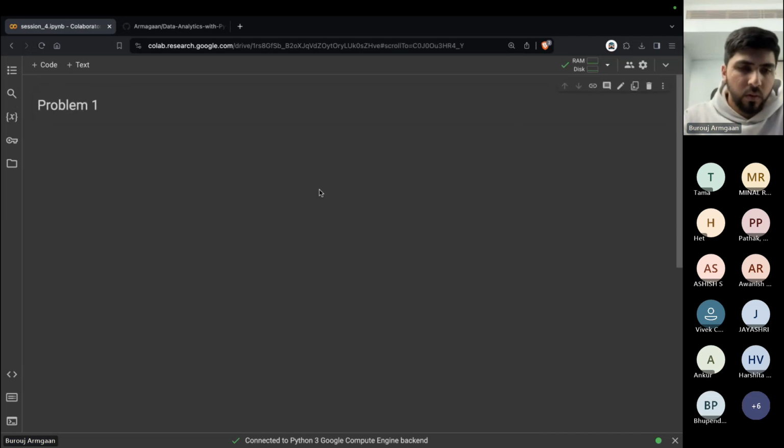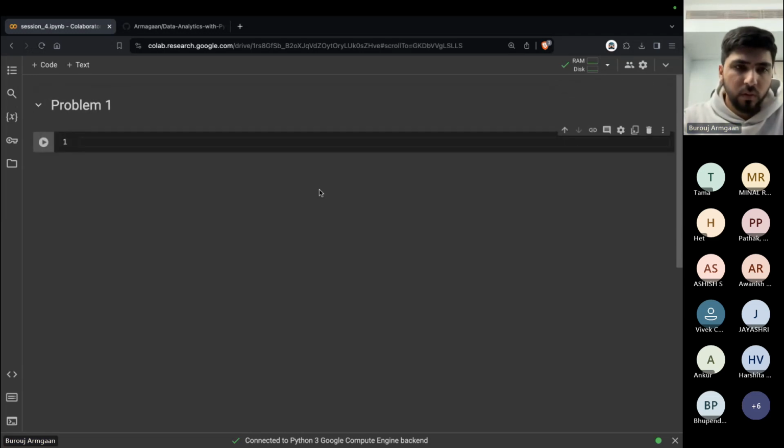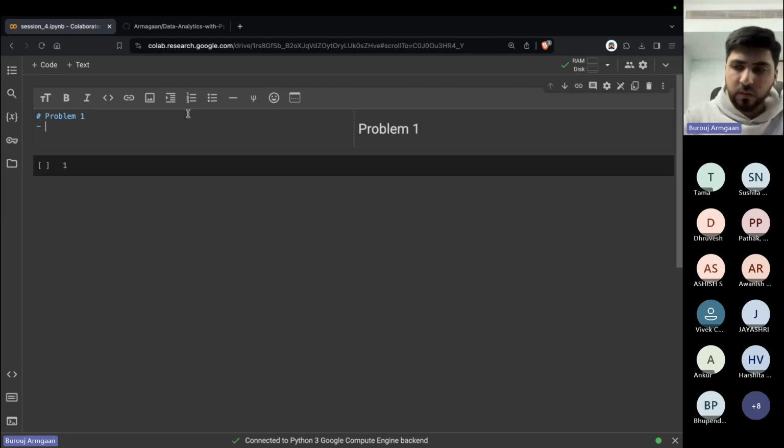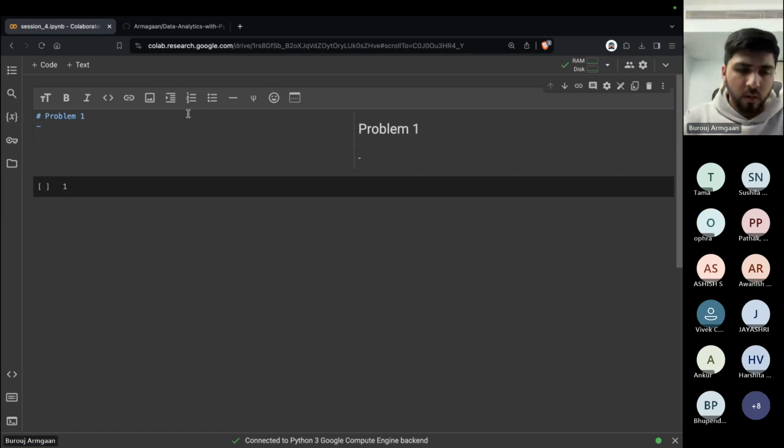So the first problem for today will be, you've read about testing for proportion, right? So let's try a problem with that. Let's say company X has developed a gadget to do a medical test.